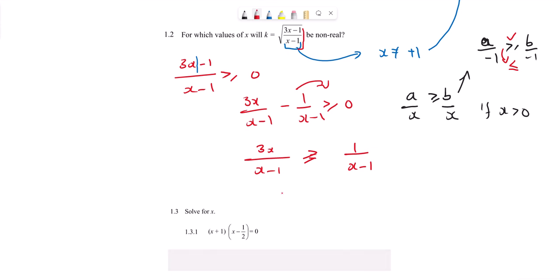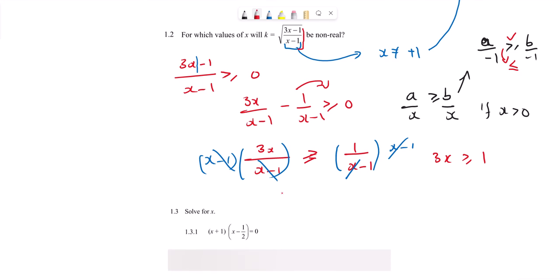If you multiply throughout by x minus 1, this is going to cancel that, and this is going to cancel that. I hope you can see that. We're left with 3x is greater than or equal to 1.